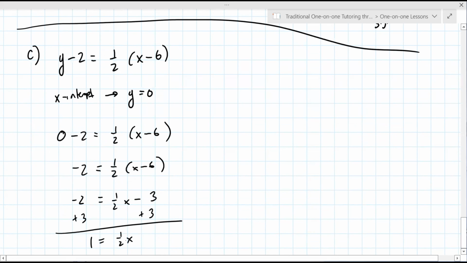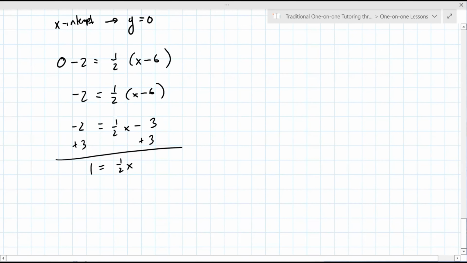Yes. Why? What do I do? I'm confused. You're asking me what does 1/2 mean? 1/2 means division by 2. Another way to write this is x divided by 2.